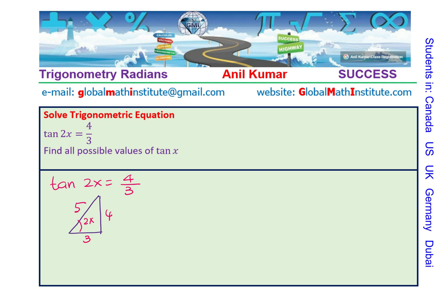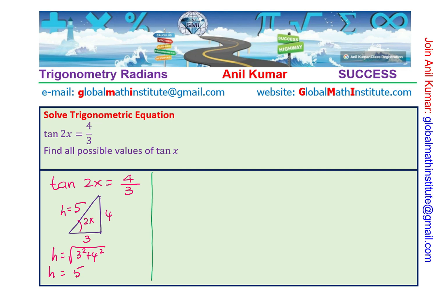Since hypotenuse, let's say h, is equal to square root of 3 square plus 4 square, right? Pythagorean triple. So once you know the three sides of this right angle triangle, you can also find cos 2x. So cos 2x will be now 3 over 5.